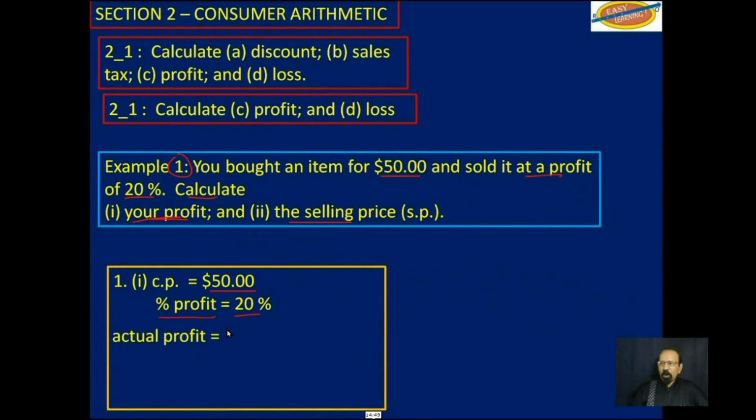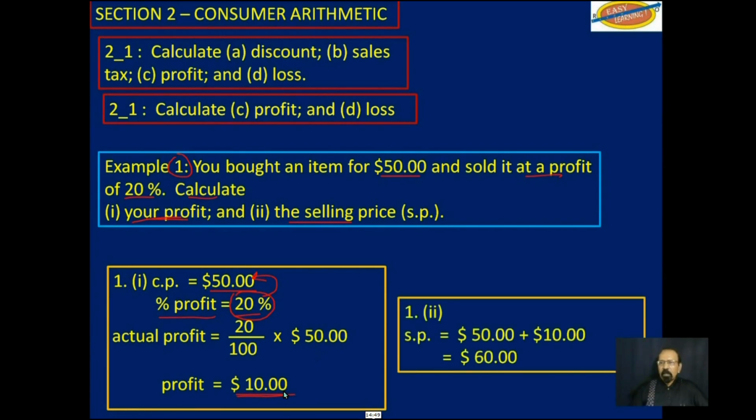Therefore, the actual profit will be 20% of that $50. 20% of $50, you work that out and you get $10. So the profit is $10. So if the profit is $10 and you bought it for $50, then the selling price must be $60.